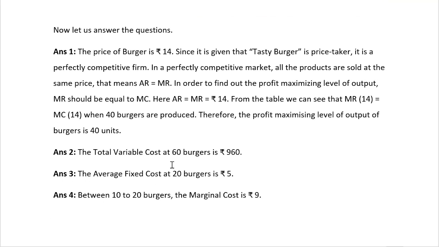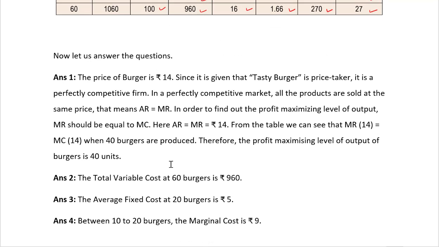Question number 1. Just see it properly. The price of a burger is 14 since it is given that Tasty Burger is a price taker. It is a perfectly competitive market, and in a perfectly competitive market all the products are sold at the same price.